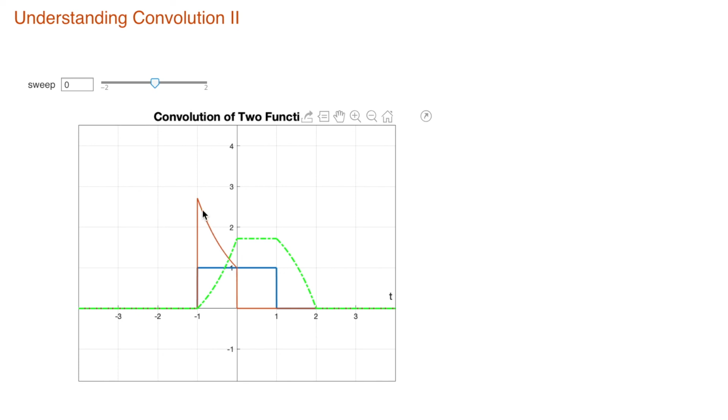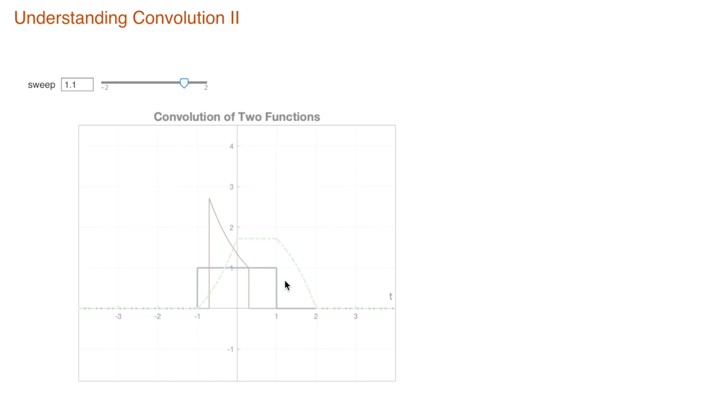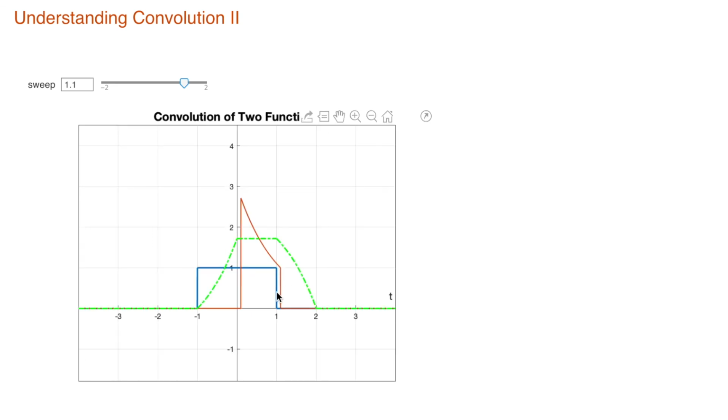So when g of t takes the position when t equals 0, the area under those two curves that are common is going to be something like 1.7, and that area is going to remain at about 1.7 between t and t minus 1 for all these values up until t equals 1, and then as the function starts to exit, we're going to get less and less overlap between the limits of 1 and t minus 1. So I hope that was helpful.